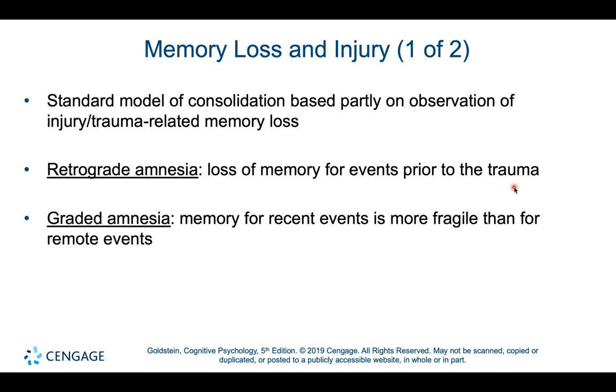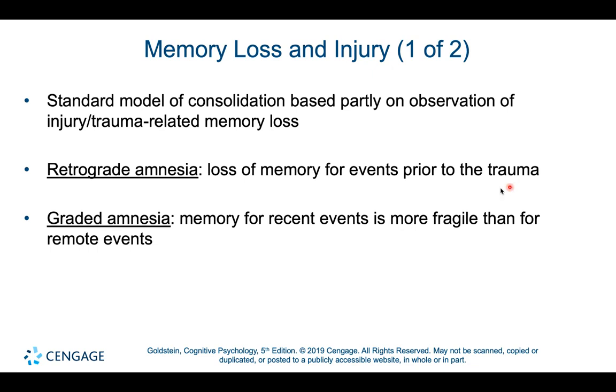It was based on some evidence we had from trauma and injury and memory loss, basically amnesia. We've all heard that word. Amnesia is memory loss, but there are actually different types of memory loss. There's retrograde amnesia, which is loss of information prior to the injury or the trauma.